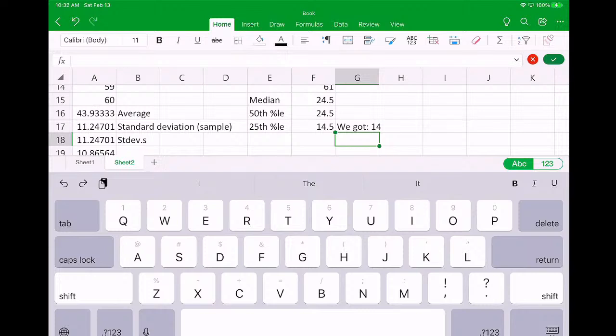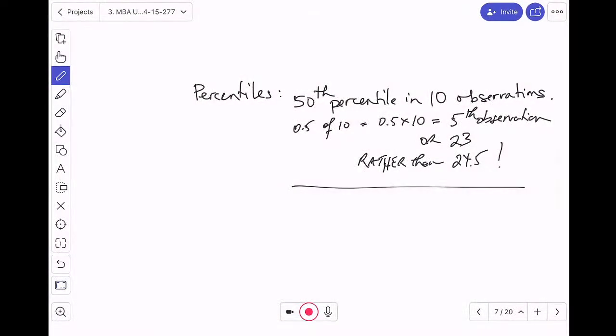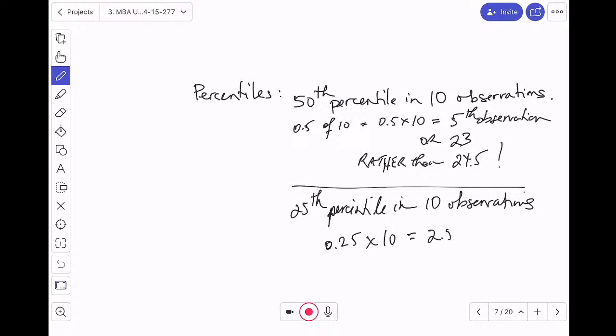So let's see why that happened. They got 14.5 for the 25th percentile. So if we did the 25th percentile in 10 observations, they must do some interpolation, because the 25th percentile of 10 is equal to the 2.5th observation.